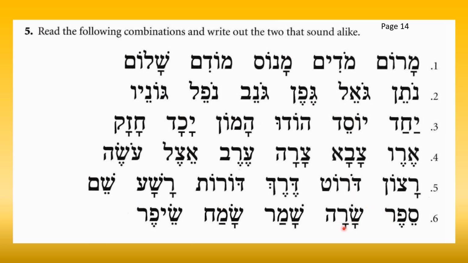Also a note about the resh. There are 3 ways to pronounce it: the R sound, the guttural way, which is often pronounced in Israel that way, by Israeli speakers or Arabic speakers.